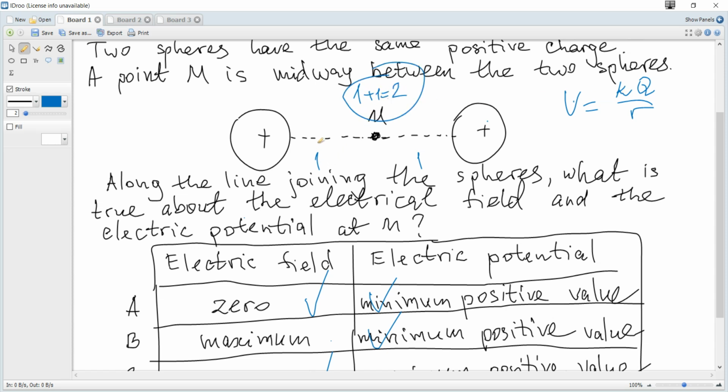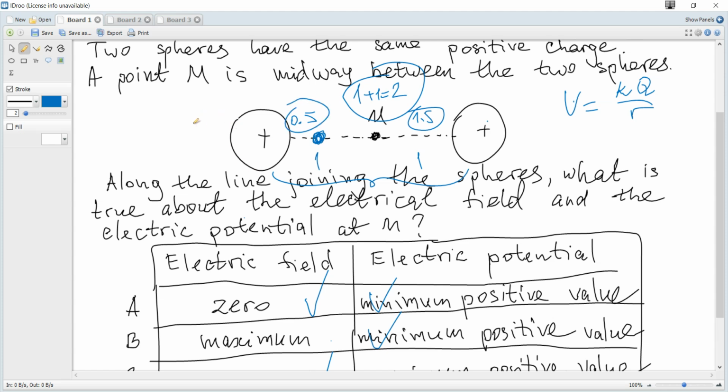Then just check another point. The total distance is 2, so let the distances be 0.5 and 1.5.